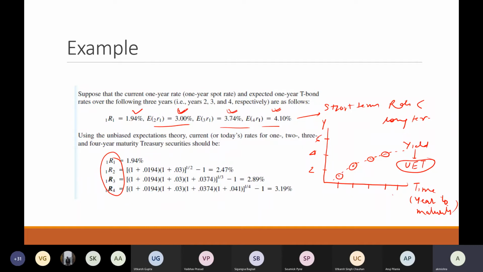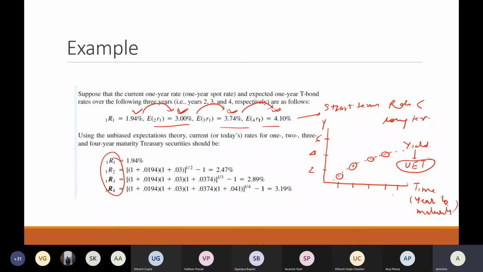So as time is increasing, there is a change, and again a further increase, and here a further increase. So the expectation is that in future the interest rate will go up.